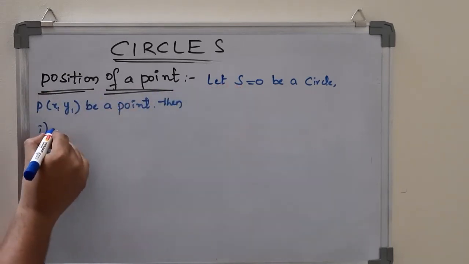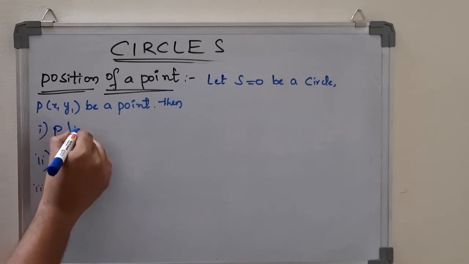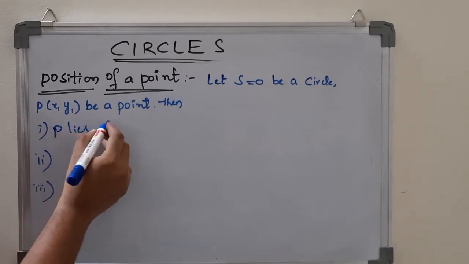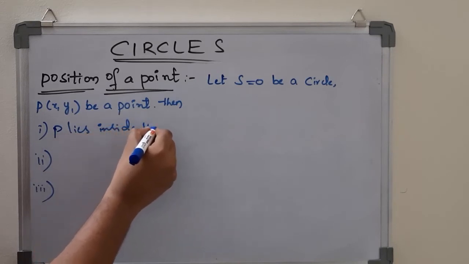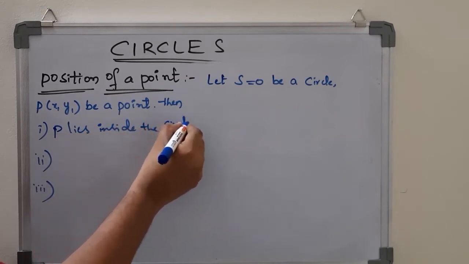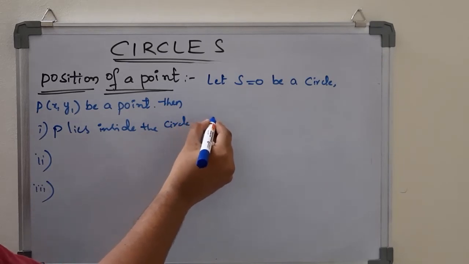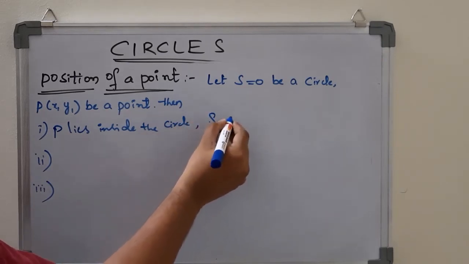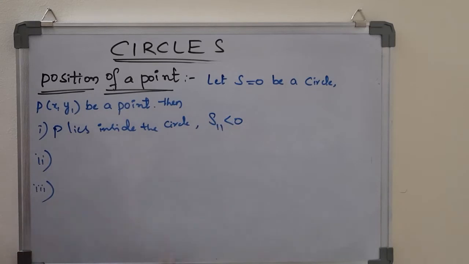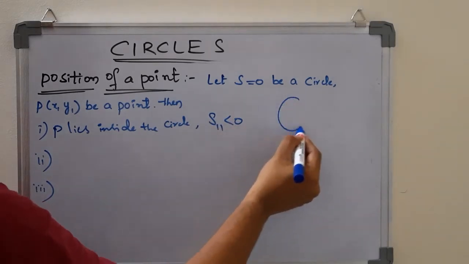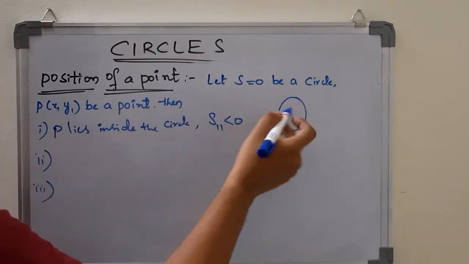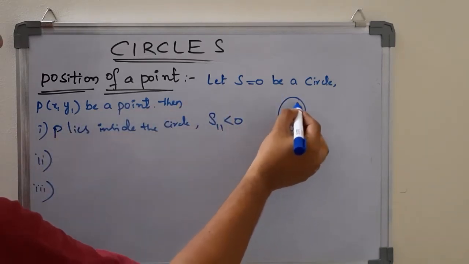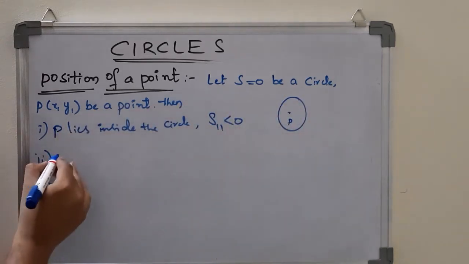Point P lies inside the circle when S11 is less than 0. That means if S11 is less than 0, the point P lies anywhere inside the circle.